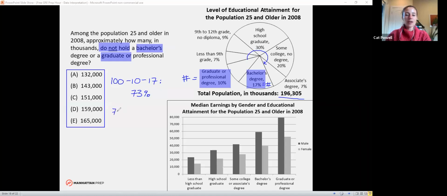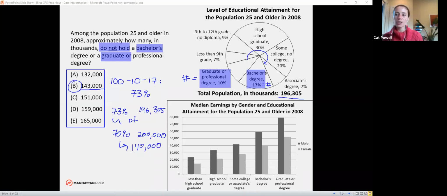And then I can just find 73%, or round it to 70%, of 196,305 if I'm going to use my calculator, or of 200,000 if I'm going to do some estimation. This way will put me right at my exact answer. This way will give me about 140,000. And I can go with that. So I could calculate here, or I could estimate. I think this one could kind of go either way.